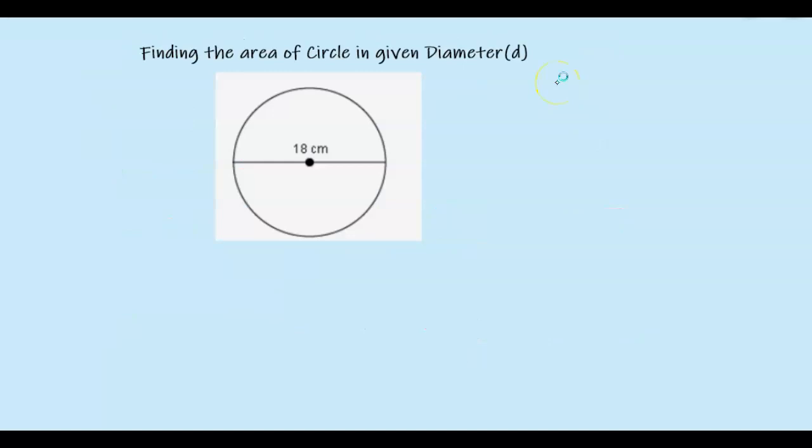Alright, here they want us to find the area of a circle in a given diameter. So here we see in the drawing that our diameter, which is D, is 18 centimeters. The area of a circle in diameter is pi d squared over 4.